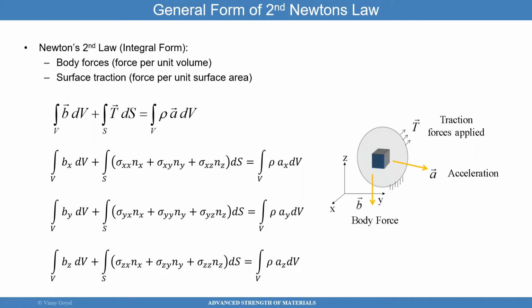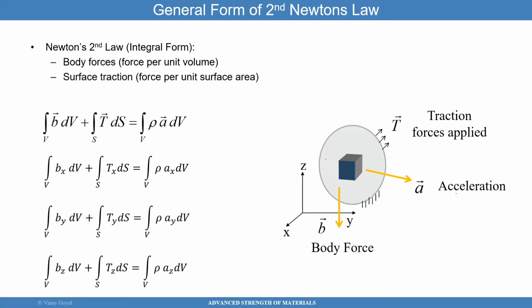So now I'm going to use Cauchy's relationship to relate the tractions on the surface to a cubic material that's just adjacent to that surface. We know that traction equals stress times the normal to that surface, a normal that's here. So I'll use Cauchy's relationship right here.